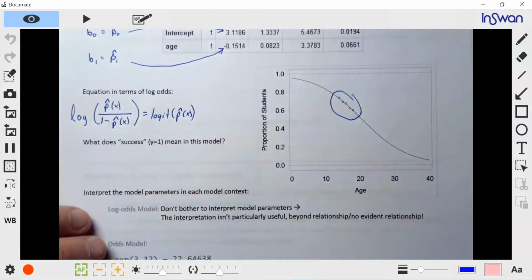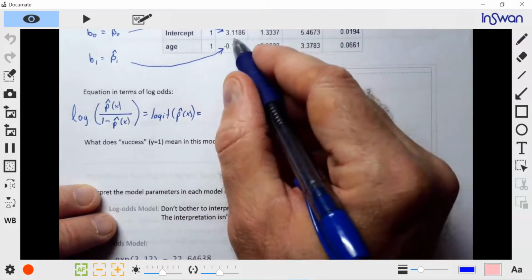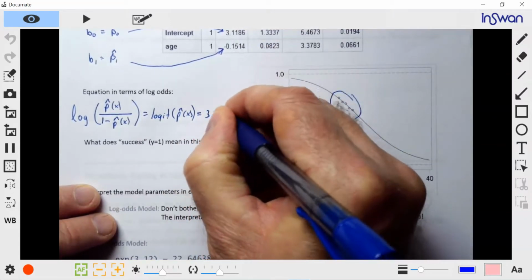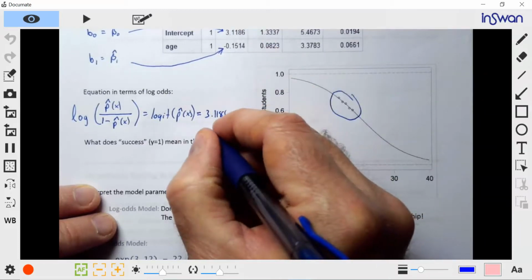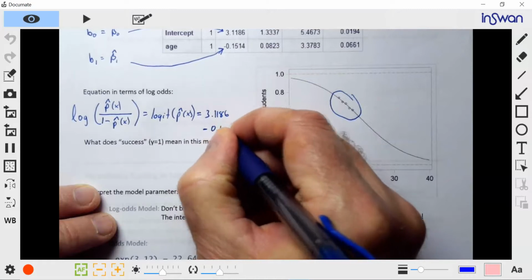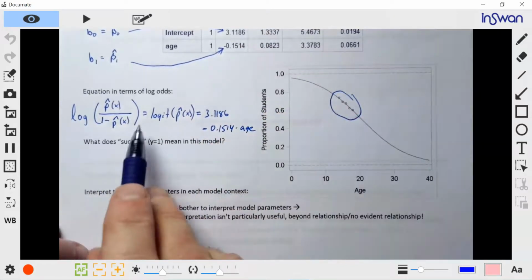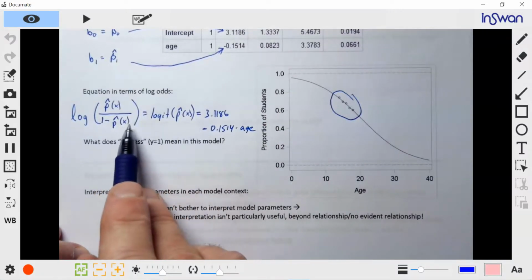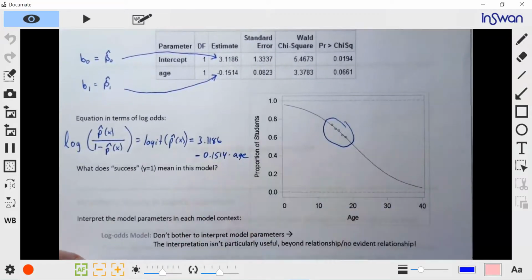And that's our estimate for beta 0 hat is 3.1186, and our estimate for beta 1 hat is negative 0.1514 times age. So this is the estimated model, the equation, in terms of log odds. And that's what we get directly from PROC LOGISTIC.